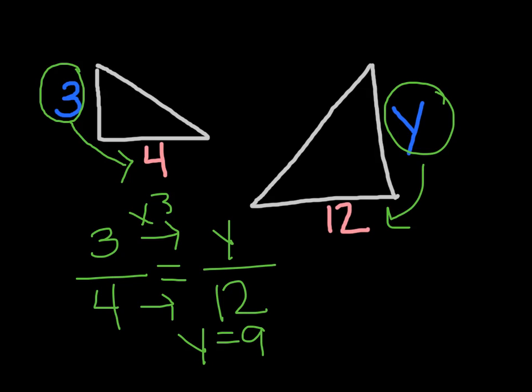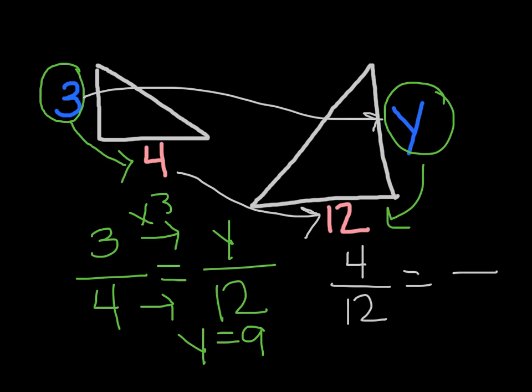Or, check this out, you don't have to set up that exact same proportion. Let's say that someone else wants to be a rebel and start with 4 on the bottom and say that 4 goes with 12. Well, if you do that, 4 is to 12, then you have to start with this one on top, 3, and then put y on the bottom. Let's see if we get the same thing.